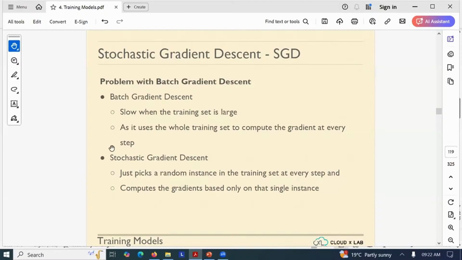The problem with batch gradient descent is that the algorithm is slow, because we need to compute the gradient using all training examples. So we can use stochastic gradient descent: just pick one random example from the training set and compute the gradient using that single example.